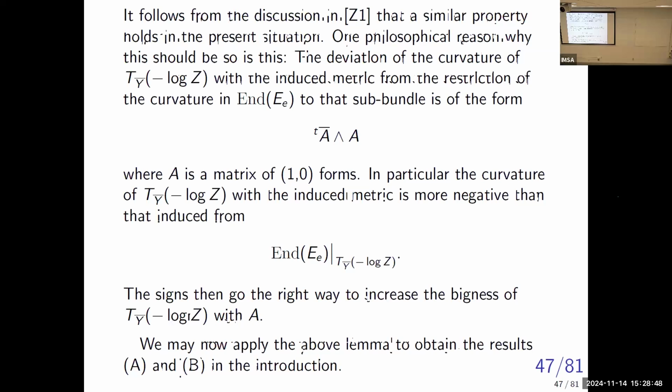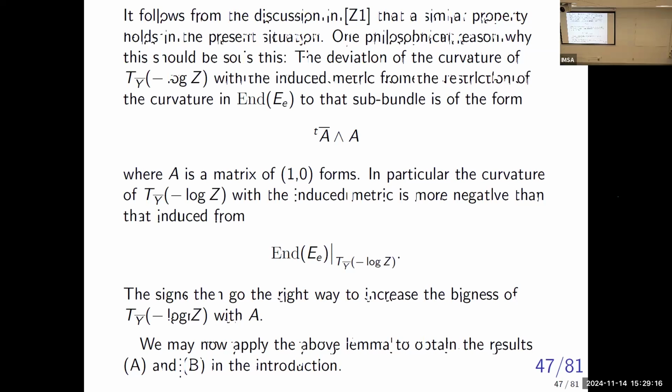It should be true, but it's never been established. One thing about these curvatures is that it's always used, so a philosophical reason, is the deviation of the curvature for the induced metric from the restriction in the endomorphism is of this form, where this is a matrix of (1,0)-forms.